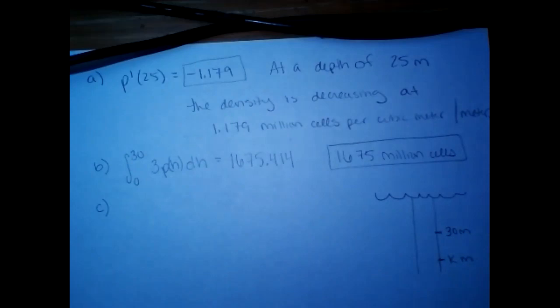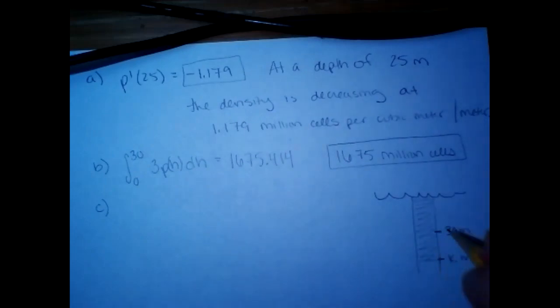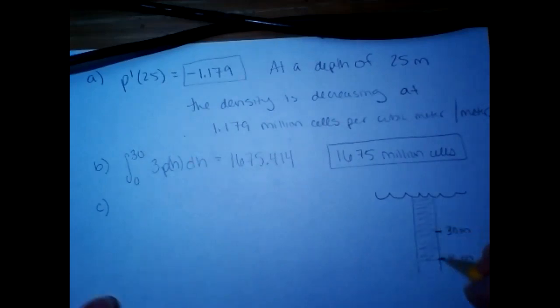All right, so write an expression involving one or more integrals that'll give the number of plankton cells in millions of the entire column. So we want the number of plankton cells all the way down to K. Now we already did from 0 to 30, we're just going to need to add on to that.